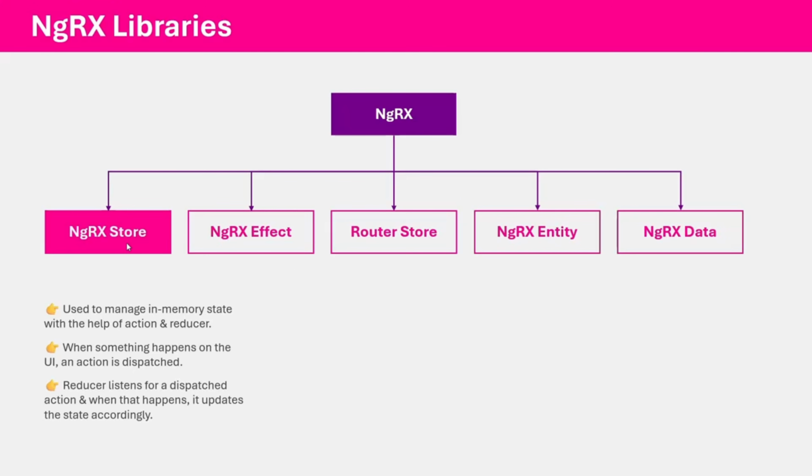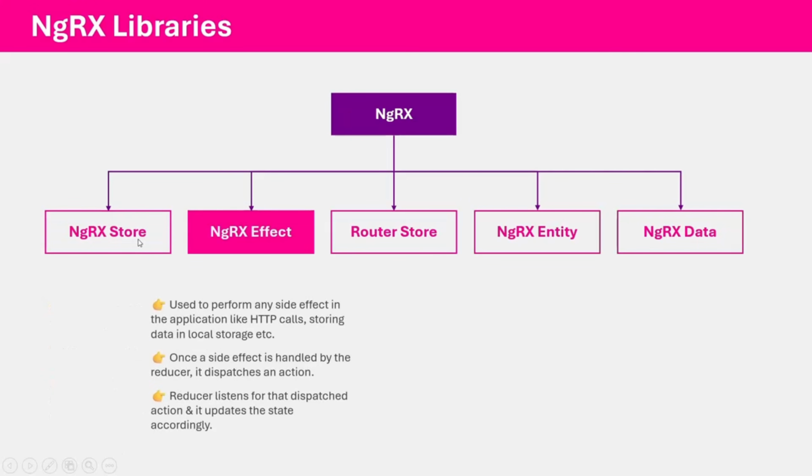So if we are only using NgRx Store, we can do in-memory state management with the help of actions and reducers. But if something in our Angular application involves side effects, like making an HTTP call or storing something in local storage, those things cannot be handled just by using NgRx Store. Then we need NgRx Effects.